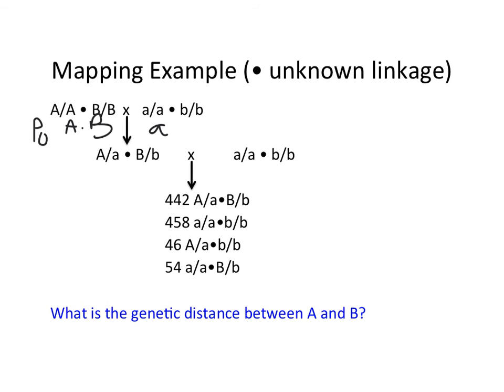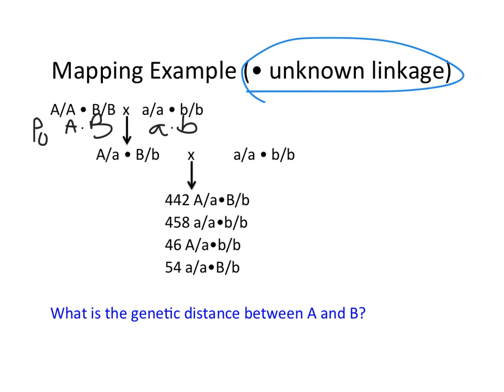Now, how has our nomenclature changed here? I'm using different punctuation now than I ever have before. Got this big fat dot in between the A and the B. That's what we do when we don't know. This is what we do in the lab. We don't know in advance whether or not genes are on the same chromosome or on different chromosomes. We can't use a semicolon. We can't use absence of punctuation.